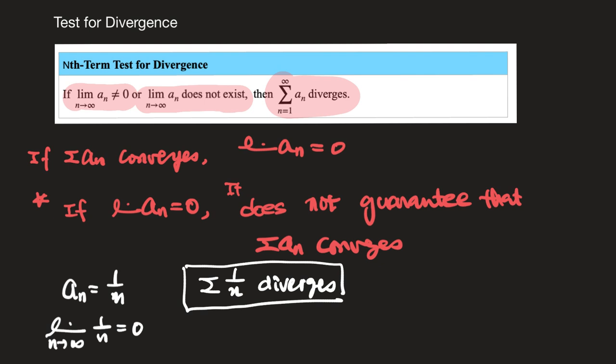So make sure this is the nth term test for divergence. The divergence condition is that the limit of the sequence is not 0 or the limit does not exist. If a_n going to 0, it doesn't guarantee the series converges, and we're going to use different tests, which we will learn later.